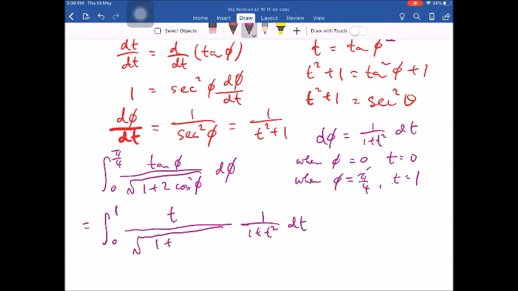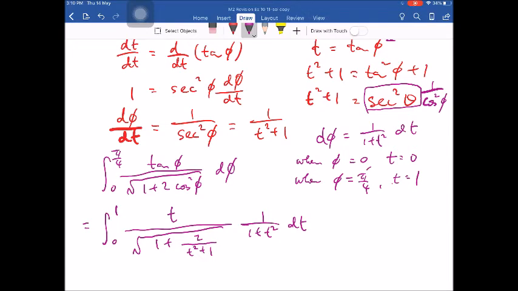I'm going to see 1 plus, what is cosine square phi? Cosine square phi, you see that this is 1 over secant square phi. So cosine square phi is 1 over t squared plus 1.